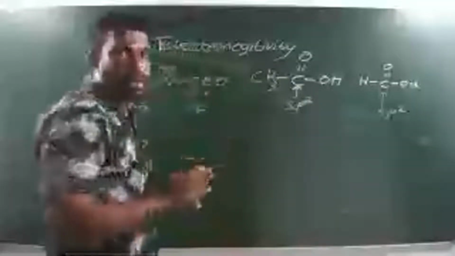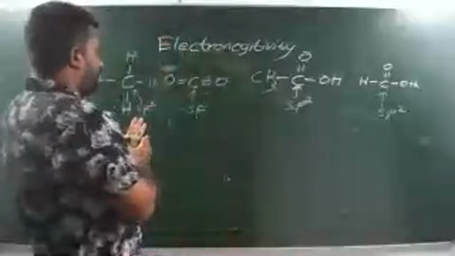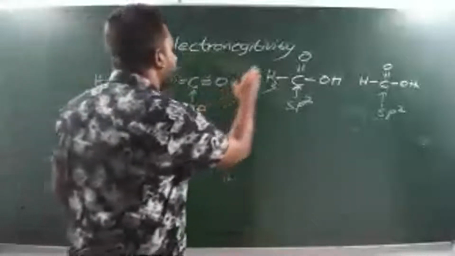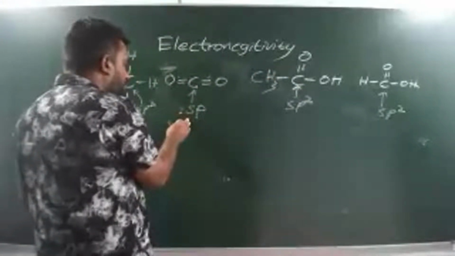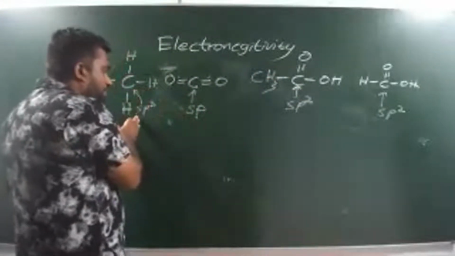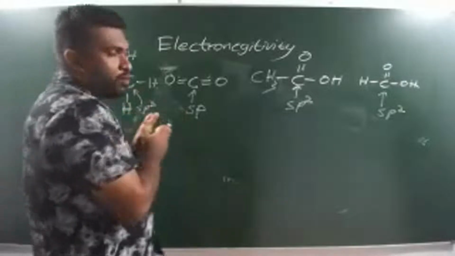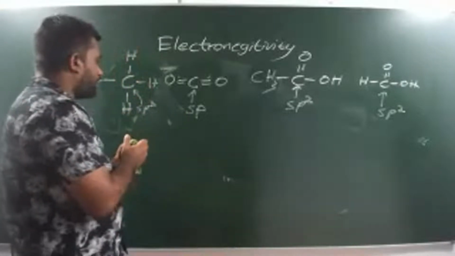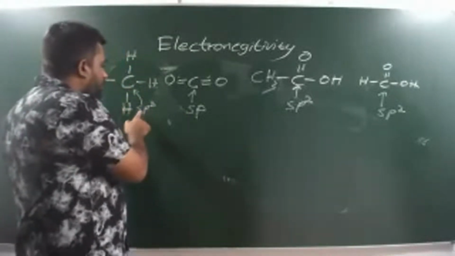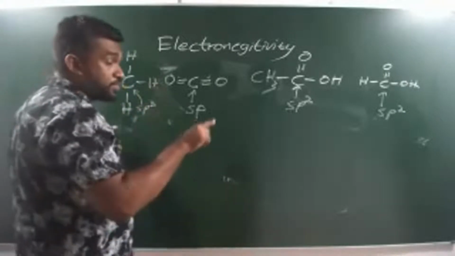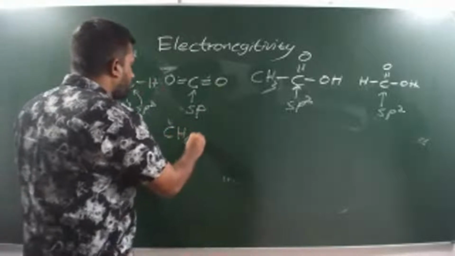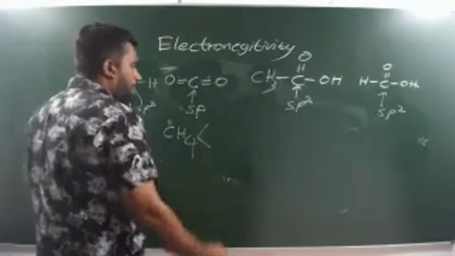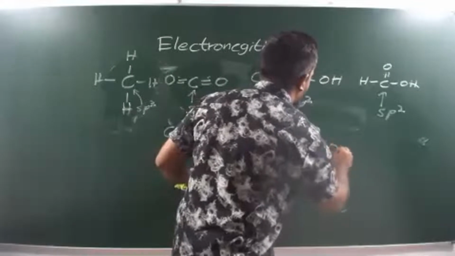Okay, now considering the hybridization, CO2 has the higher electronegativity because it has sp, where the percentage of S is 50%, and CH4 has the least electronegativity because it has sp3 hybridization in carbon, with an S percentage of 25%. So we can write CH4 is the least one and CO2 is the greater one.